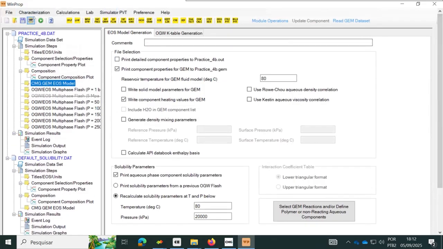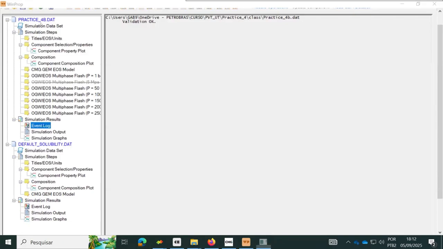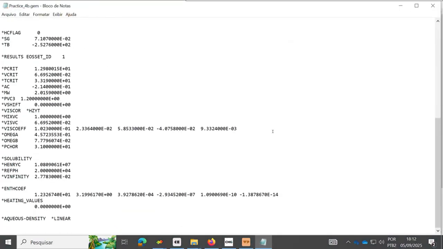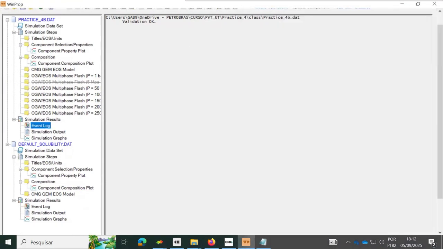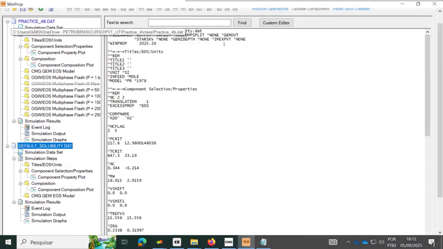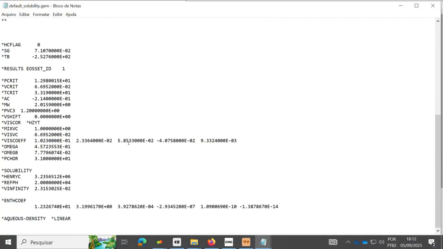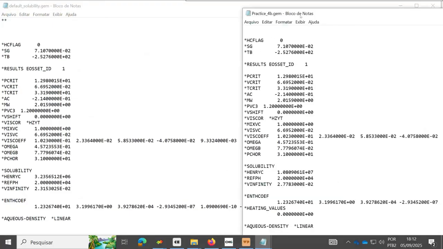So you can run, and now you can export your GEM model. You can go to File, View GEM model, and you have the Henry's constant. You can go to the default solubility and see the difference in the Henry's constant before calibration and after the calibration.